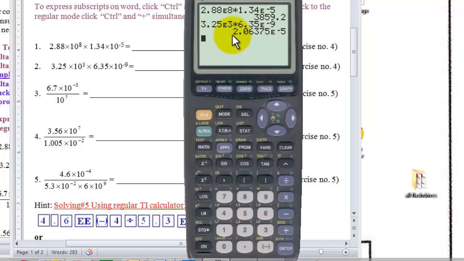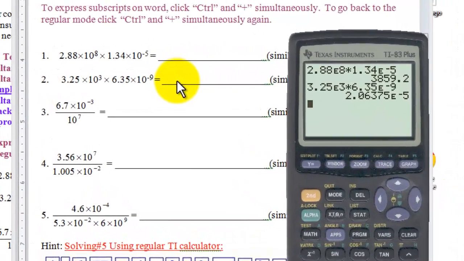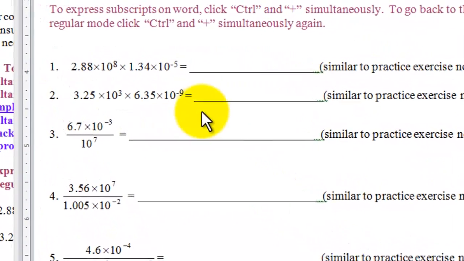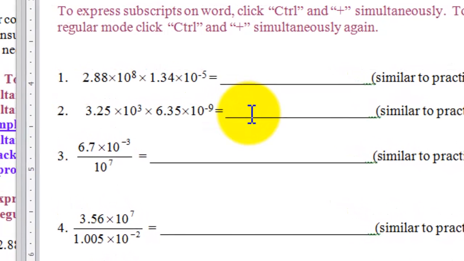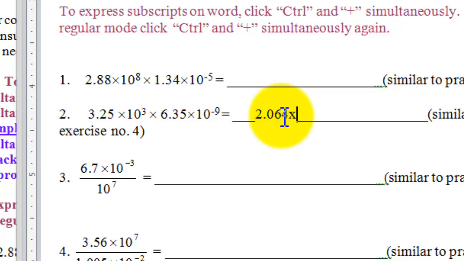Do not write the answer in the same way the calculator displays the number. You have to write it in the correct format. So 2.063 here, let me show you here how to input it. So you'll go here and you'll input 2.0637, and you can just go to maybe 3 decimal places, then times 10 to the power negative 5.